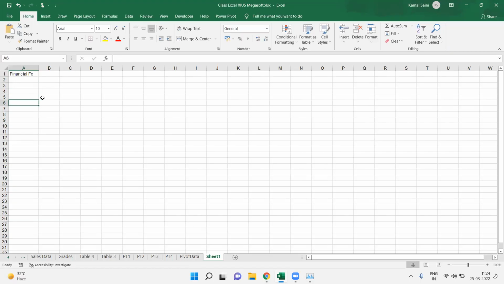Let's say I have taken a home loan for 10,000, assume just a figure, loan amount 10,000 at the rate of 10% for the duration, maybe 1 year.